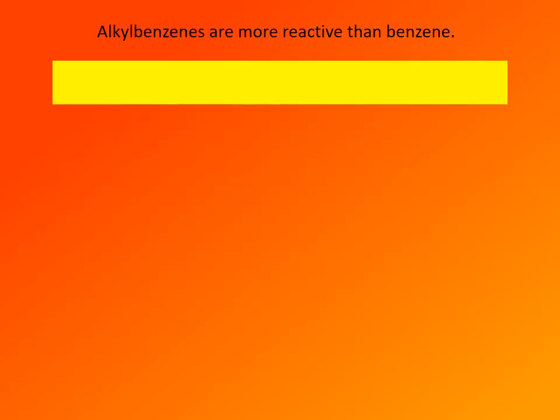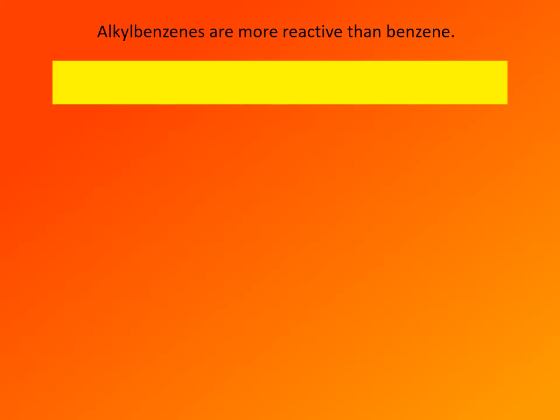The second problem with Friedel-Crafts alkylation is that alkylbenzenes are more reactive than benzene. Since alkylbenzenes are reaction products, that means that as soon as some alkylbenzene is formed, it's likely to react in the Friedel-Crafts reaction preferentially to benzene. So the product will likely get alkylated again rather than some of the benzene that was not alkylated yet.